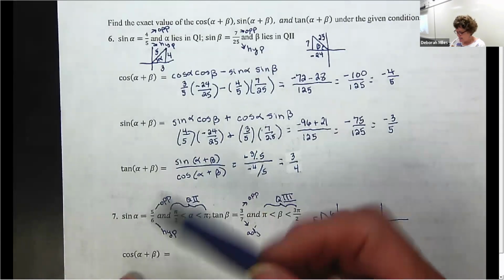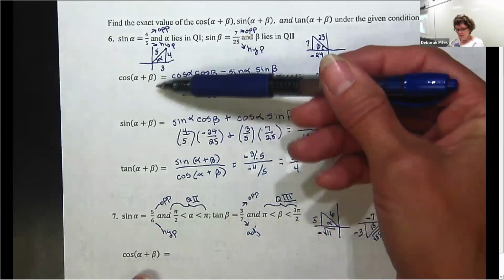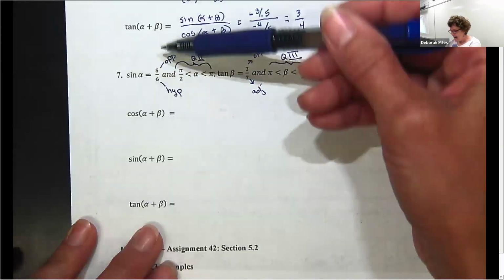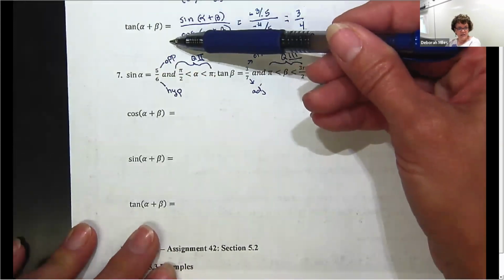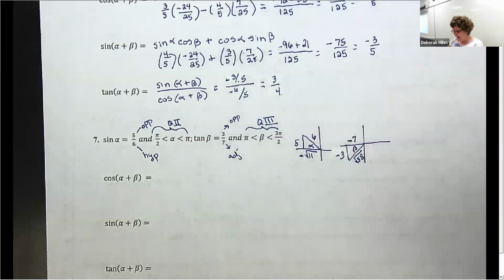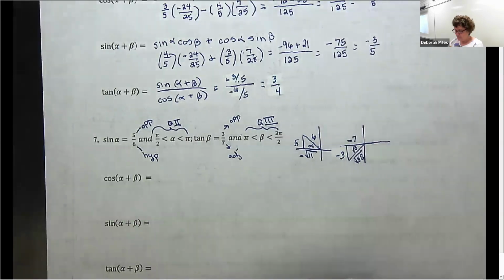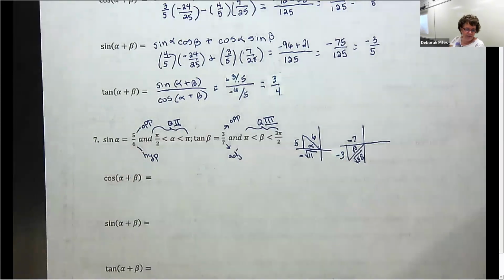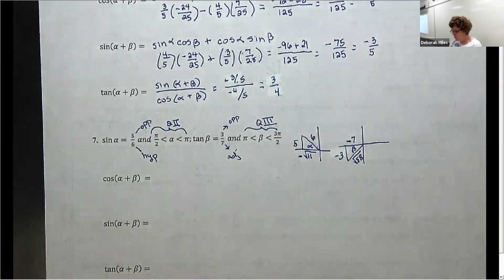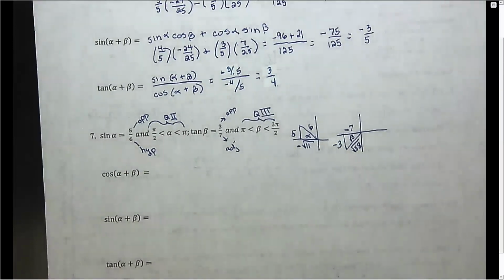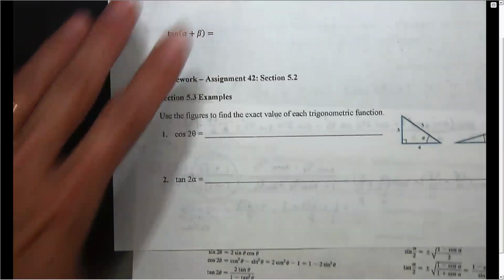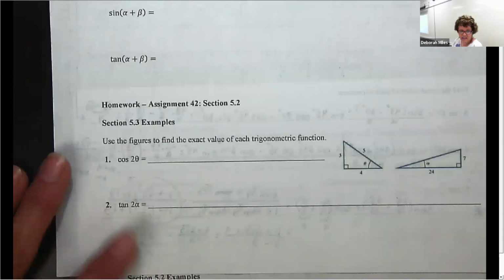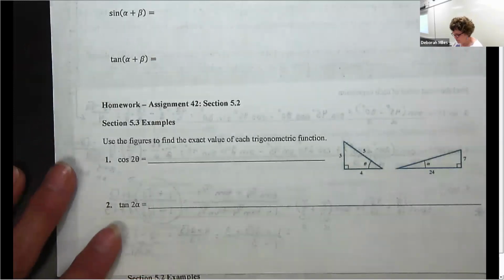You're just using the addition formula for cosine, the addition formula for sine, and the addition formula for tangent. So it's identical to 6. And actually, when I updated the notes, I took example 7 off of there because I didn't feel like we needed to do 2 that were identical. But we can if you need it, Chastity. That'd be fine. Okay, yeah, I don't have to have it. That's fine since it's like 6. Oh, yeah, it is just like 6. Yeah, don't need to do 2 of those.